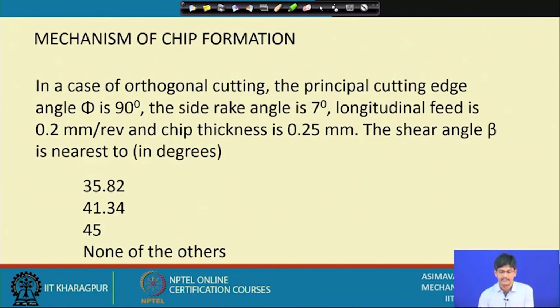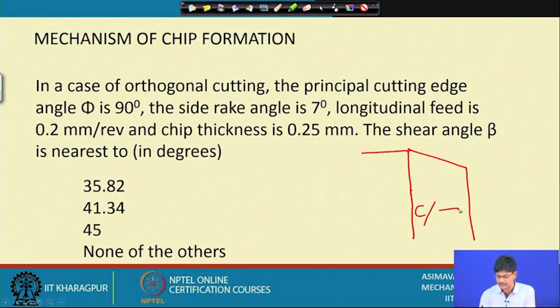In this case, what we can do is draw the cutting tool and immediately something will become very clear to us. Phi is equal to 90 degrees. This is the cutting tool, I am writing in short, cutting tool. This happens to be the angle phi, and therefore we can say that the orthogonal plane is here.